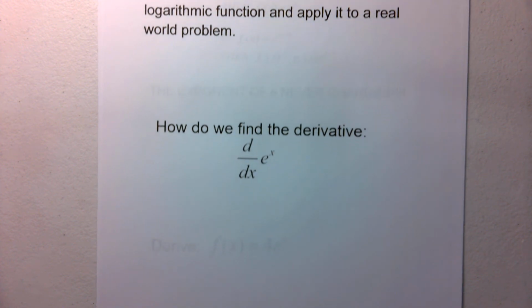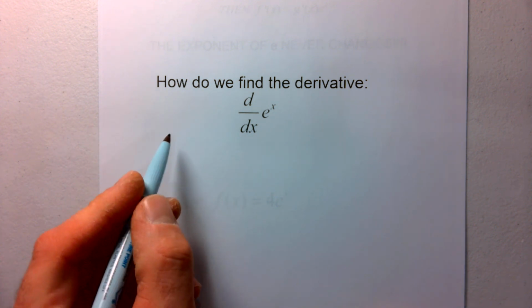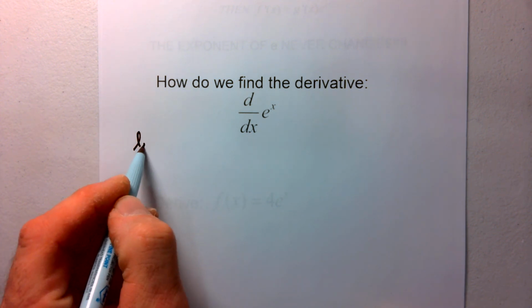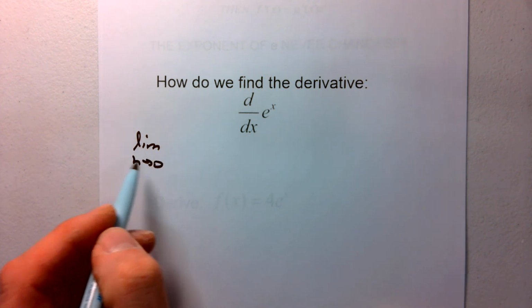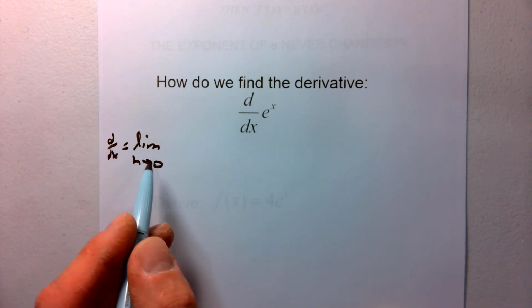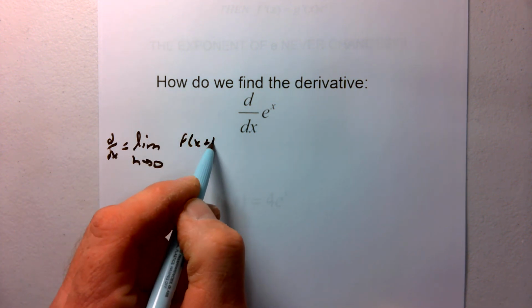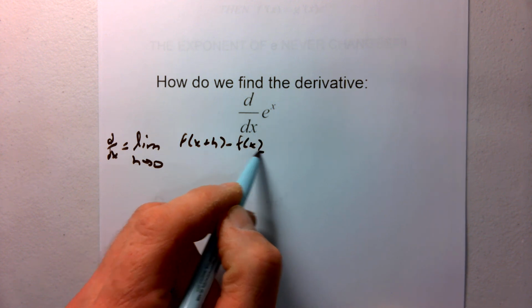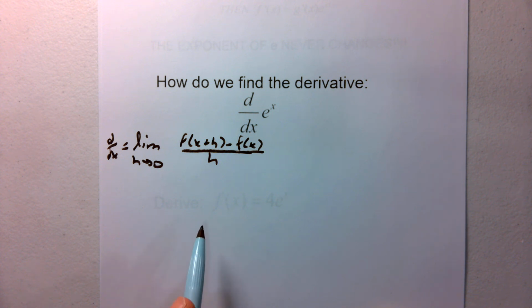So how do we find the derivative of e to the x? Recall, and most of you did wonderfully on this topic before, the definition of derivative. The derivative, d/dx, is equal to the limit as h goes to 0 of f of x plus h minus f of x, all over h. We remember that, of course we do.